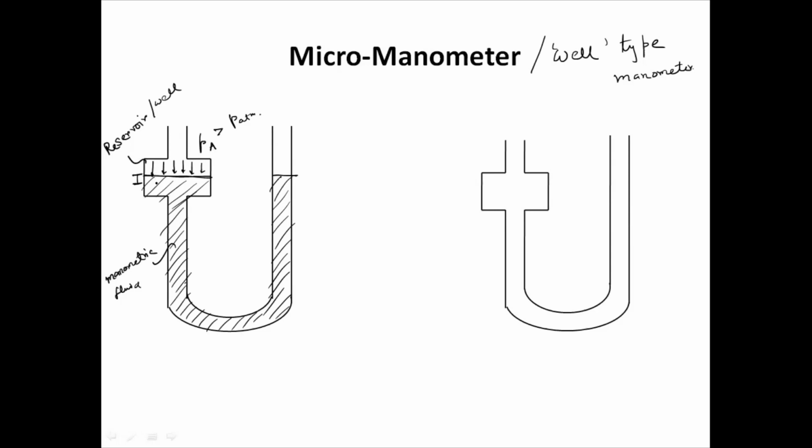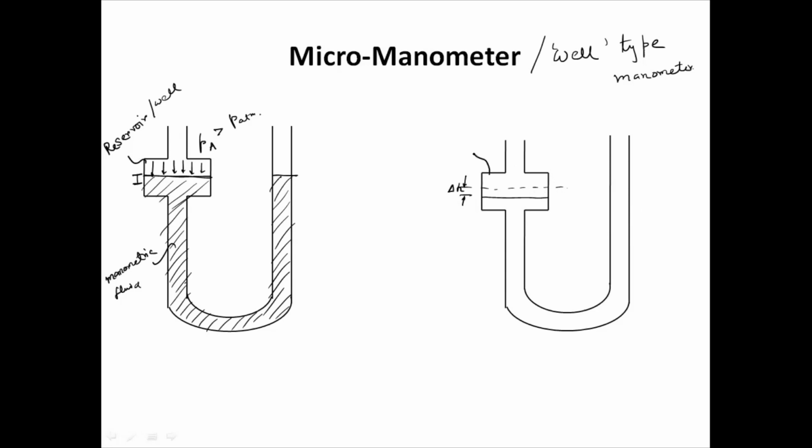This level will be depressed. Initially the level was here, now the level came here. So a level depression delta H has happened here.